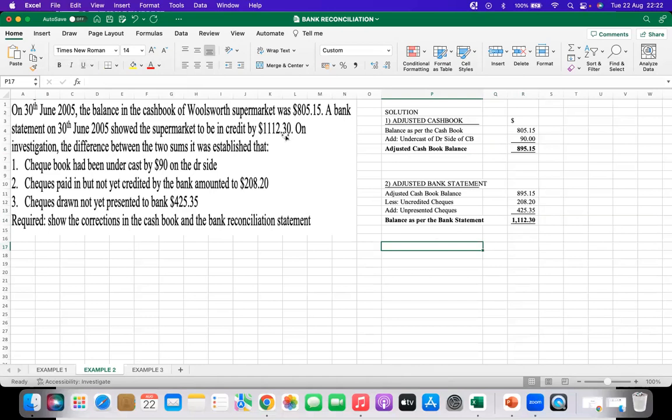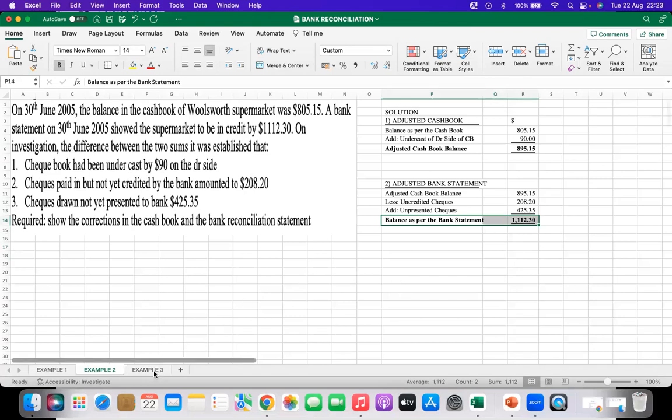We go to the question and see if it's the same. You have been told a bank statement on 30th June showed the supermarket to be in credit by 1112.30. And that shows that your reconciliation is correct.